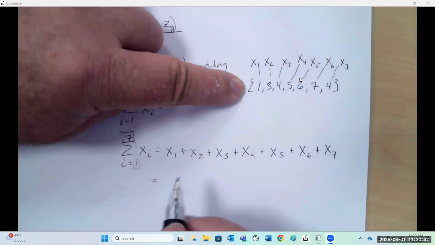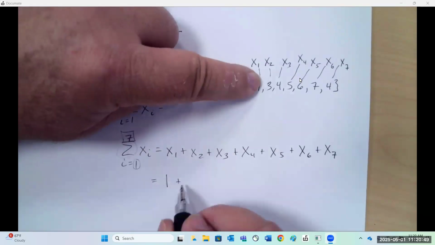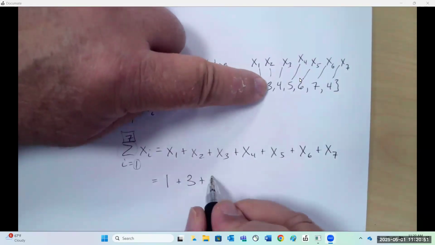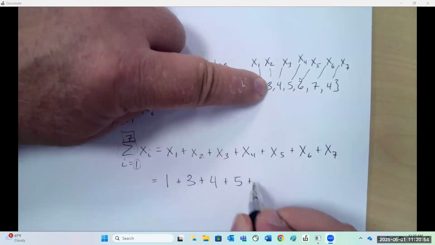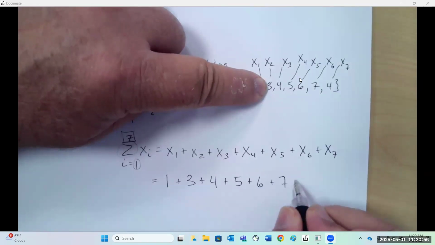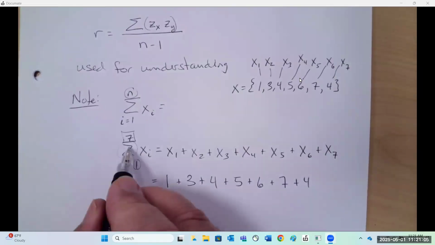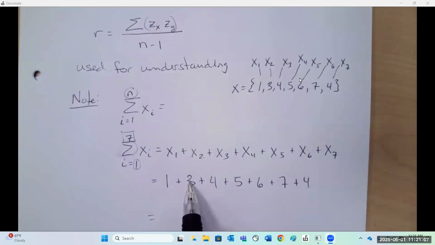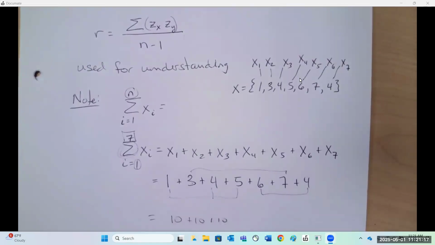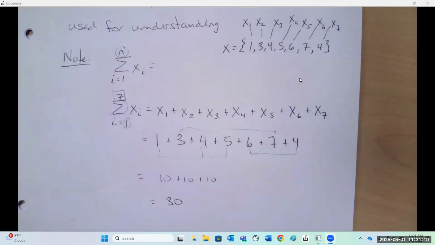X sub 1 represents 1. X sub 2 is 3, 4, 5, 6, 7, and 4. That's how you would refer to your data set. And then we add them all up. So we have 3 plus 7 is 10, plus 10, plus 10. So our data set sums to 30.